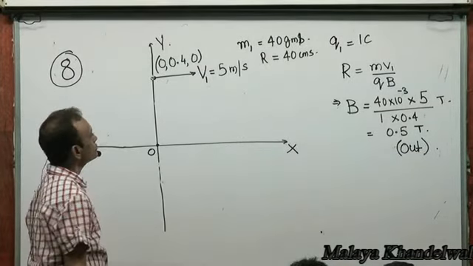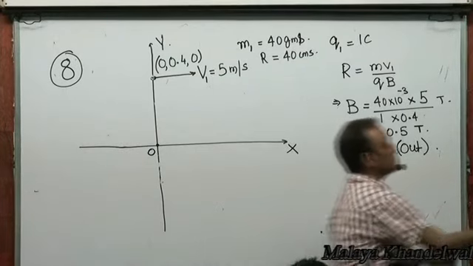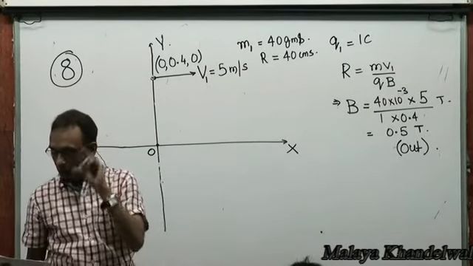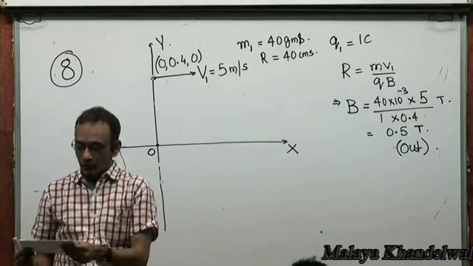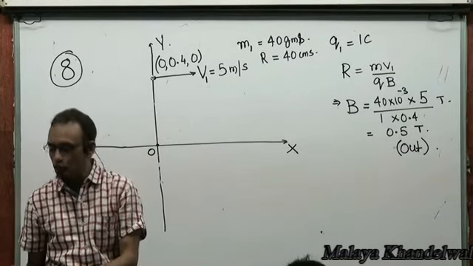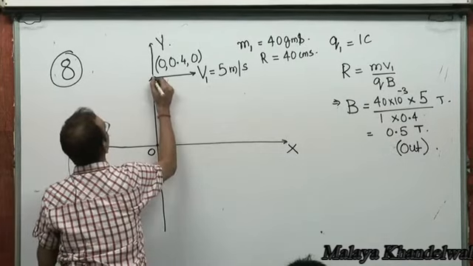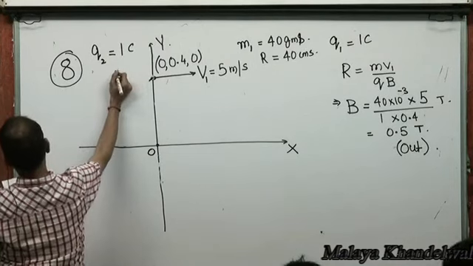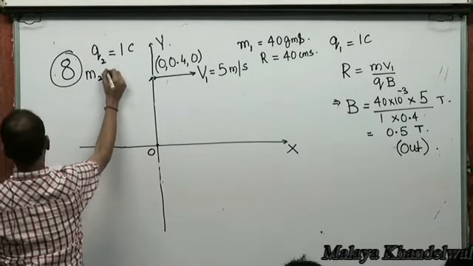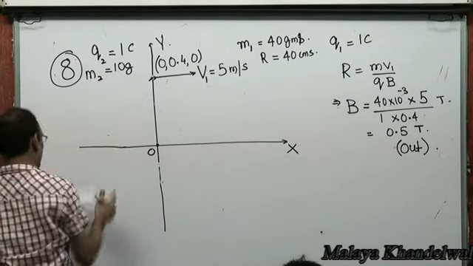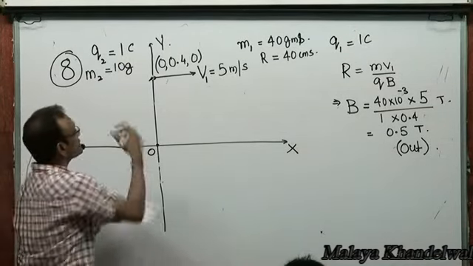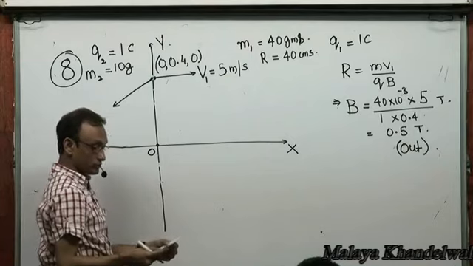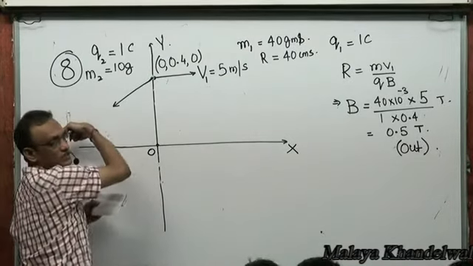Now, the rest of the problem, let's see what it says. Now there is another particle with charge q2 equal to 1 coulomb and mass m2 equal to 10 grams, moving along the positive z direction. See, this is the positive z direction, no?